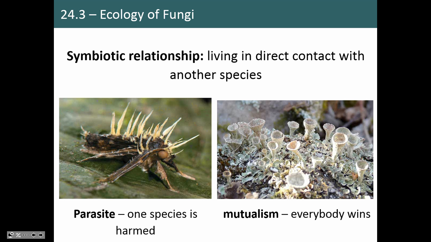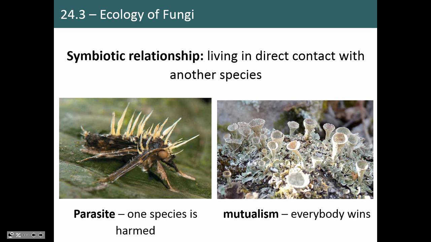I should have put this slide first because we were talking about this symbiotic relationship. The word symbiosis means living together. If you think about that word, it just means that things that are living in direct contact with another species. I think colloquially, we all use the term symbiosis to mean something positive, like the organisms are benefiting.